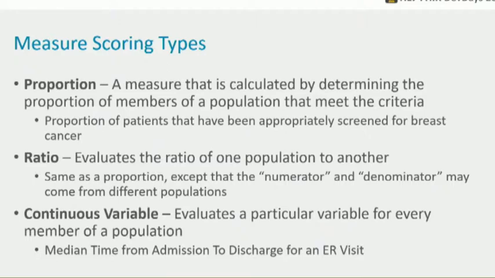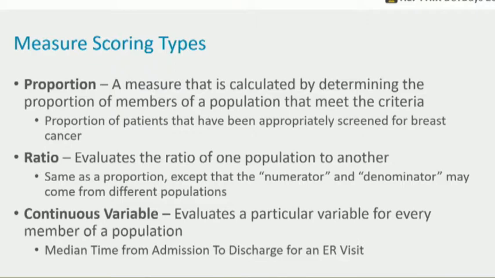A proportion measure is just a numerator and a denominator. It's a rate, and I cast the measurement in terms of that rate. An example is the proportion of patients that have been appropriately screened for breast cancer. A second type is a ratio. It's very similar to a proportion, but I can actually have different criteria and members for numerators and denominators.